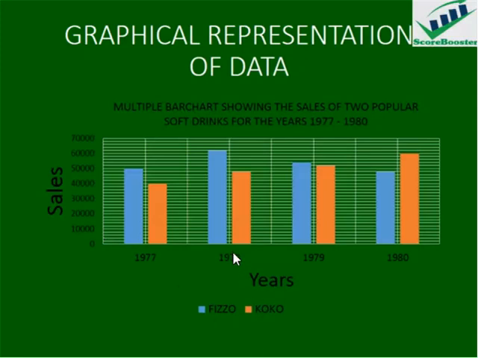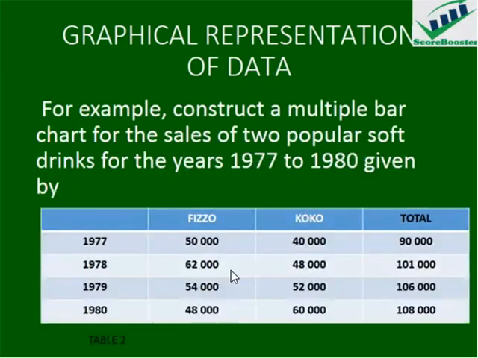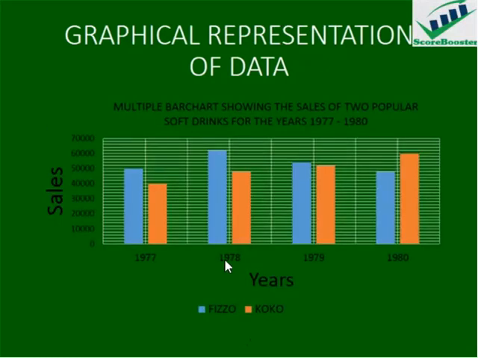So for the year 1978, Fizzo has 62,000 and Cocoa has 48,000 sales. So Fizzo has 62,000, so you start from 60,000. You can see that each line is 2,000, so 60,000 plus 2,000 will give 62,000, which is this line.